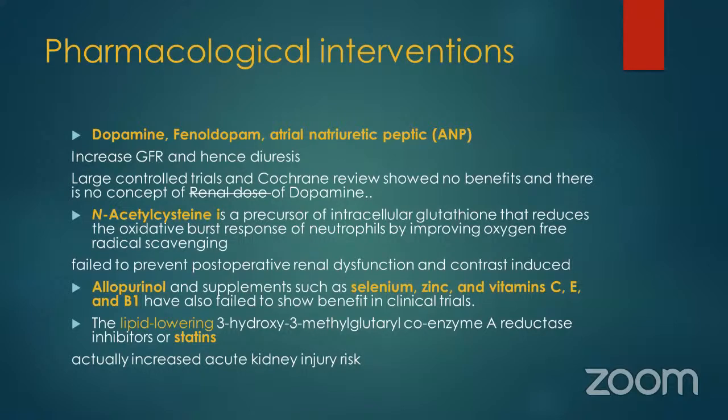But even this showed hardly any improvement in contrast-induced acute kidney injury. There have been trials with allopurinol, selenium, zinc, vitamin C, vitamin B1, but none have shown any benefits. Even statins have been tried because of their antioxidant help, but even they have not shown any clinical benefits to date.